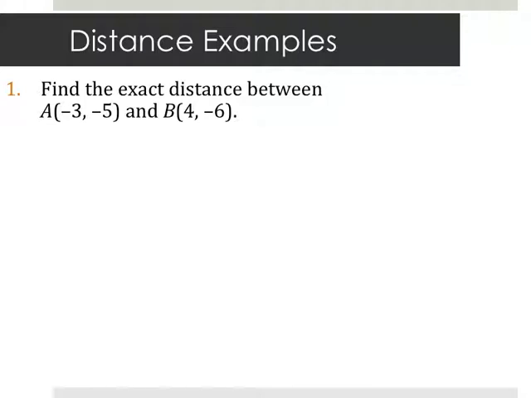Exact distance means your answer will have a radical symbol in it, or it'll be a nice, pretty answer. Once you get an answer, check with your neighbor. See if he or she has the same answer.